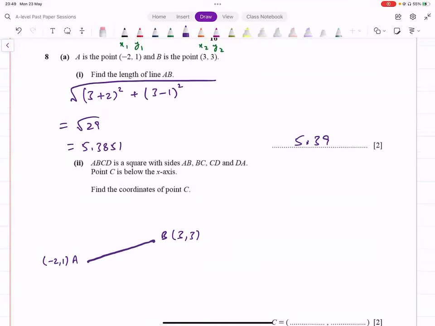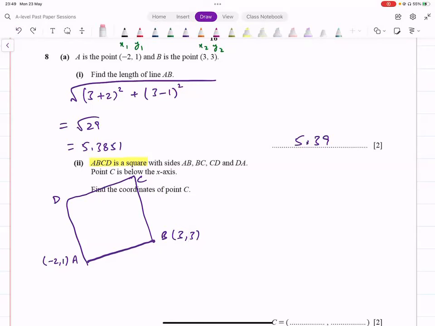ABCD has to be a square. अब square या तो आप ऊपर को इस तरह बना सकते हो. That's one possibility. उसमें C यहाँ पर आएगा, D यहाँ पर आएगा, लेकिन उसने कहा C is below the x-axis. अब ये ऊपर अगर आप बना दोगे तो वो below the x-axis तो नहीं होगा, because ये y coordinate already 3 है, तो वो तो C ऊपर चला जाएगा.